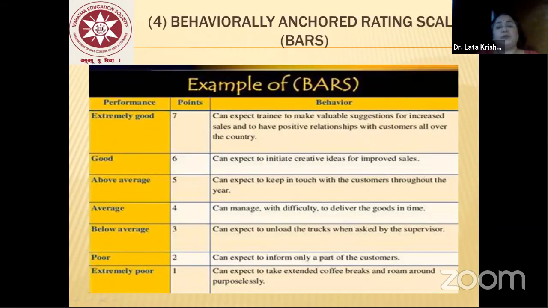So this is a 7-point scale. They have 7 behaviors which describe those 7 performance levels. And this is an example of a behaviorally anchored rating scale.